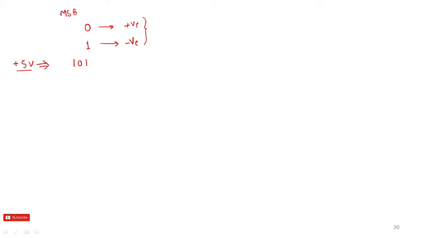In the signed method, 1 0 1, you are adding one bit at MSB, and this is the sign bit. This method is sign magnitude. Next, one's complement is the same as sign bit, two's complement is also the same.